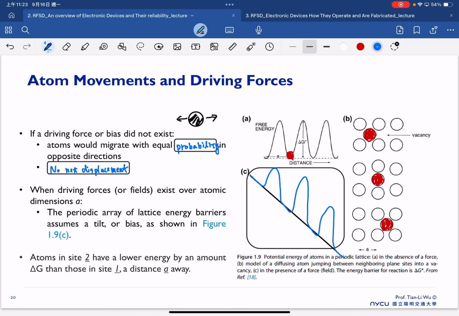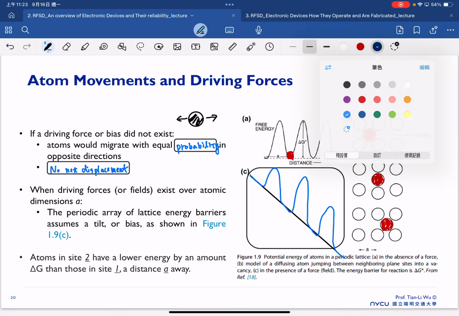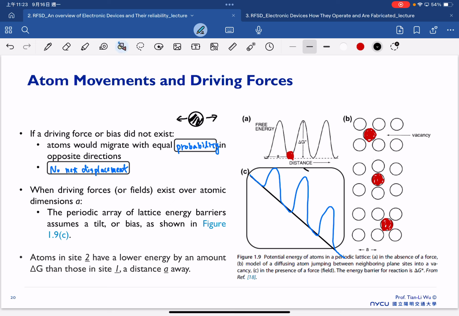This is under the case where we have applied a force in this direction, F here.